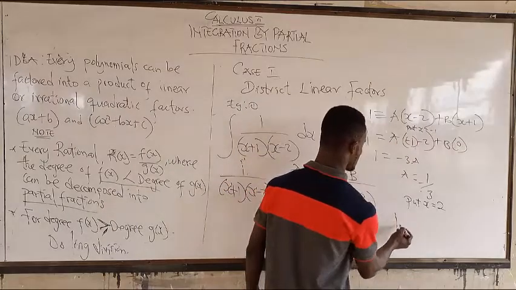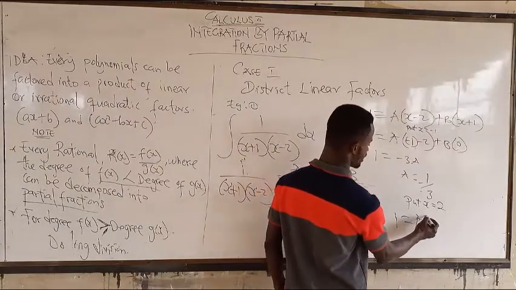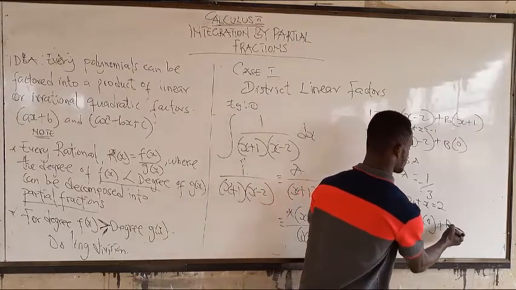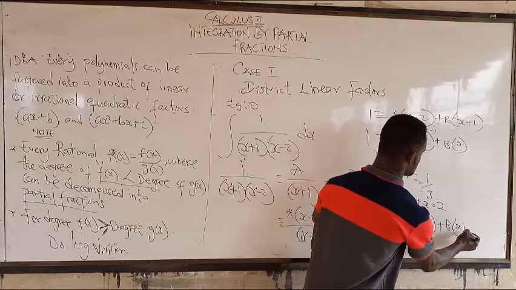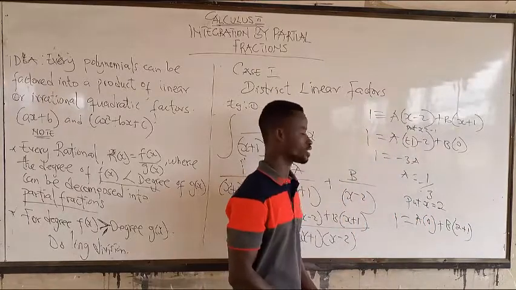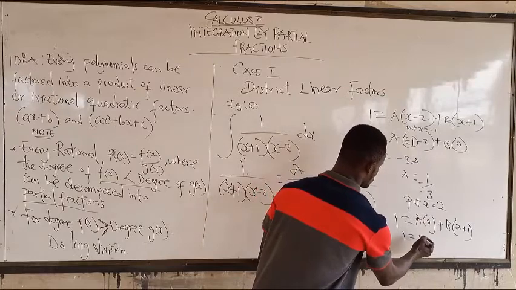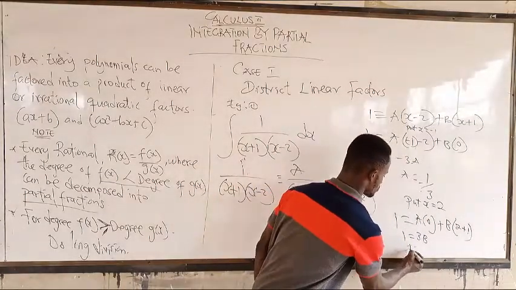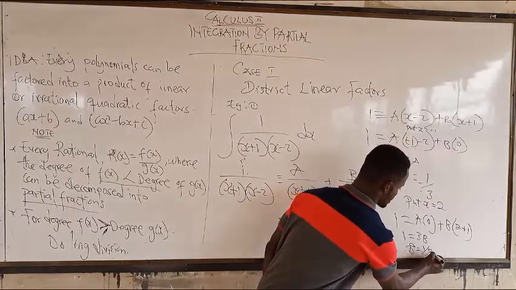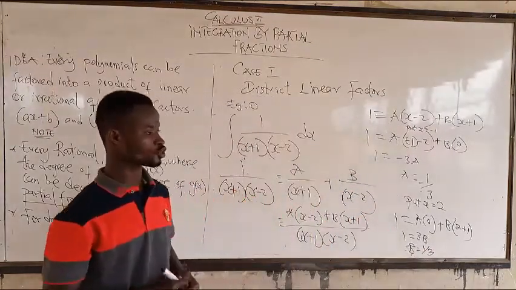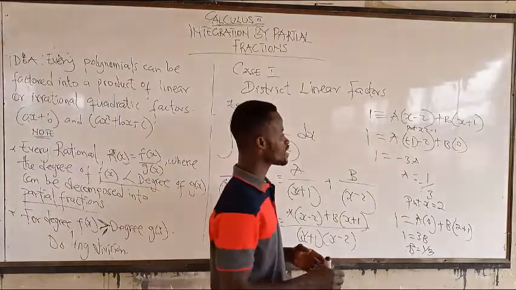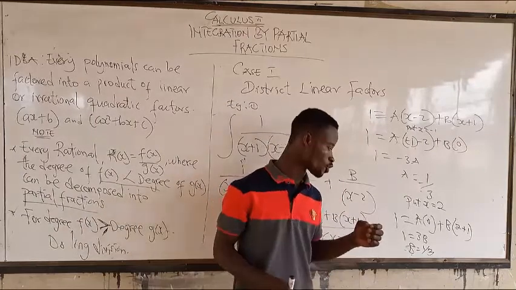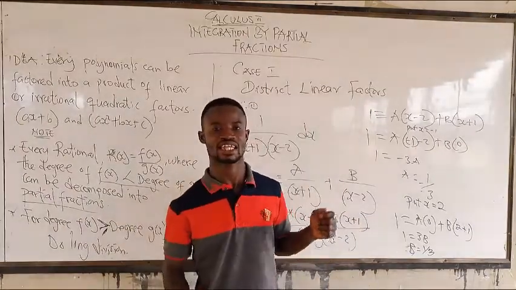So 1 is equal to A times 0 plus B times (2 plus 1), which is 3. So we get 1 is equal to 3B. Therefore, B is equal to 1 over 3. So you can see that by the elimination method, we have come out with the values of A and B.